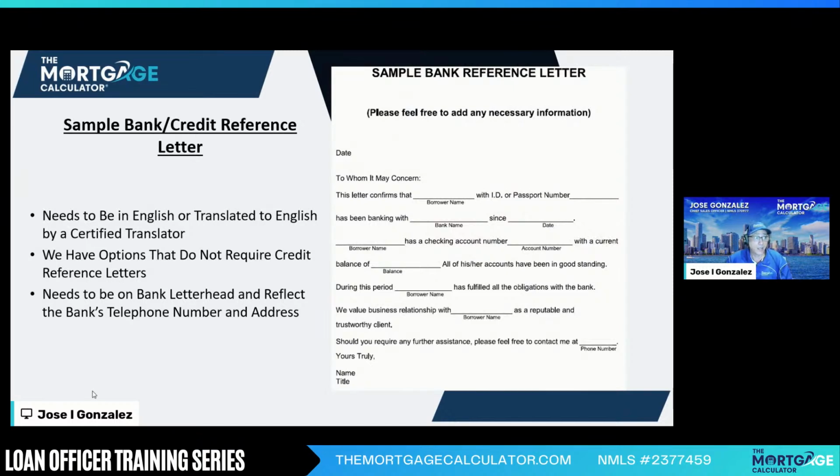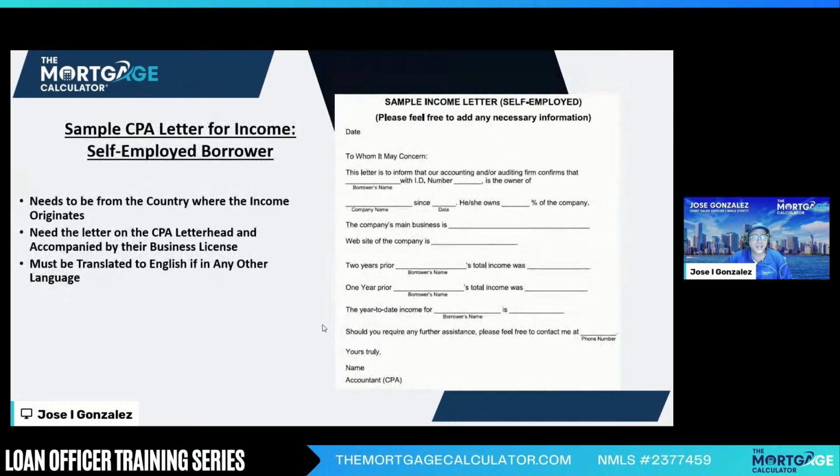So keep that in mind, and they can just grab this basic form letter, put it on letterhead, fill in the blanks, and sign it. If it's a bank or credit reference letter, there's no license required. But if it's a CPA letter for income from a self-employed borrower, they'll also have to provide their business license in their country.